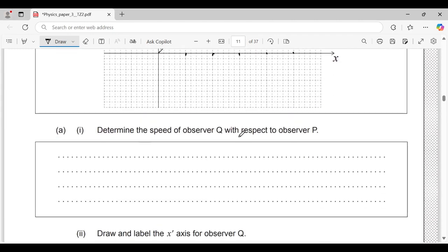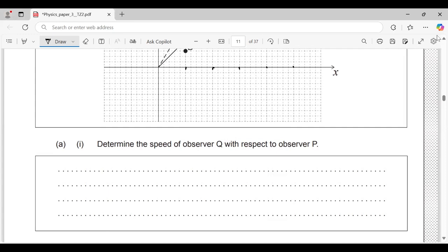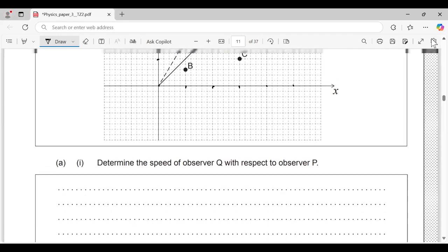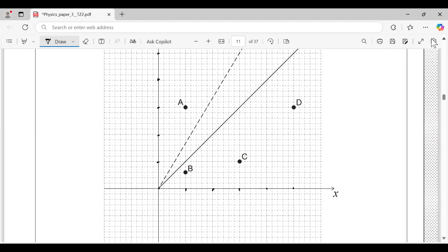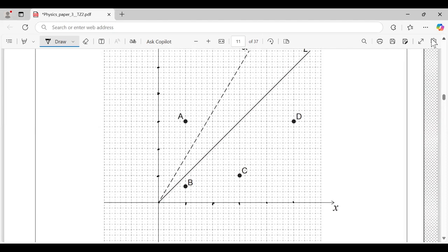Determine the speed of observer Q with respect to observer P. The ct' axis of observer Q passes through the coordinate points origin 0, 0, here, this one, and 3, 5. Wait, 3, 5, right, this one, okay?